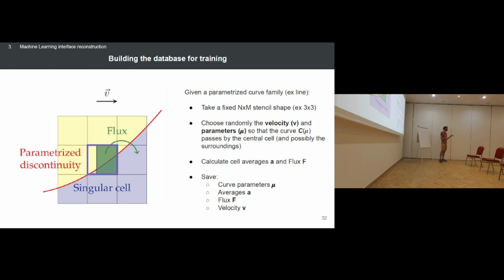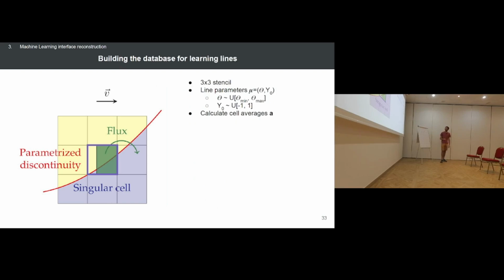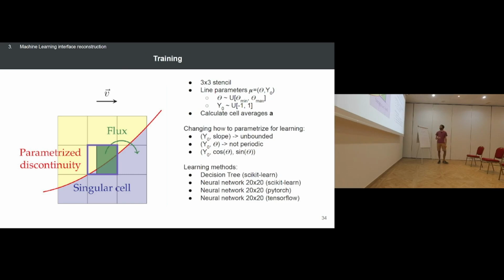So the neural network should take these 3 by 3 cell averages and give us the parameters of the curve that should fit. So basically the idea is to avoid the optimization problem. In an offline stage beforehand, we have to train the neural network, that will take time, but we will do it beforehand, and then we just use it to obtain the curve, the line that best fits these observed cell averages.